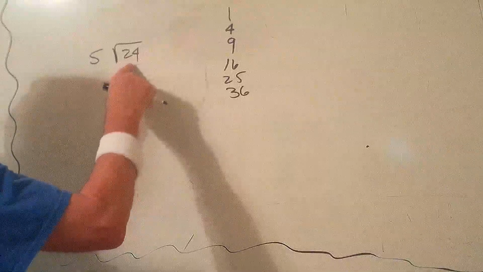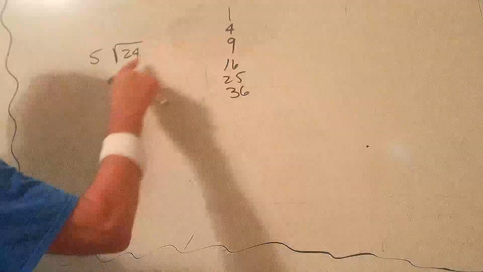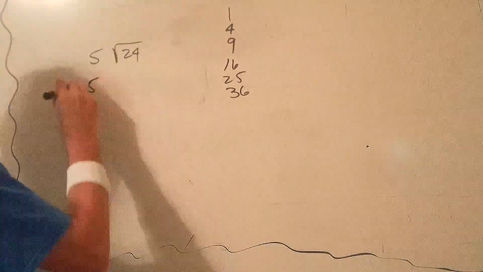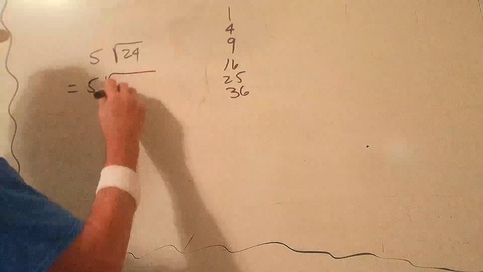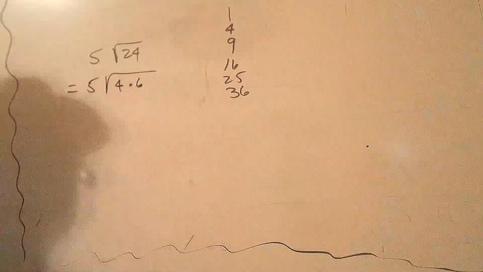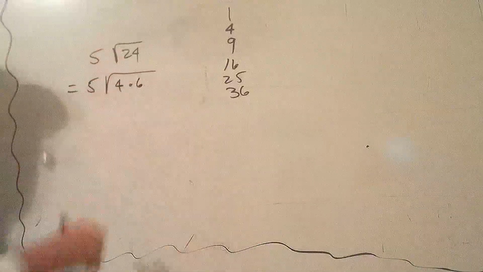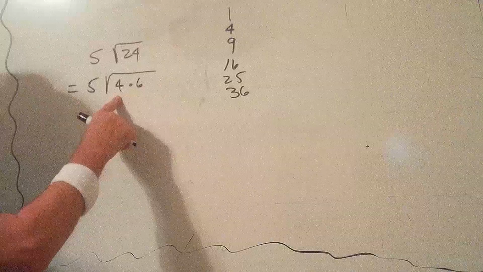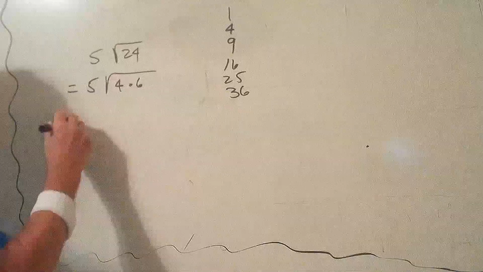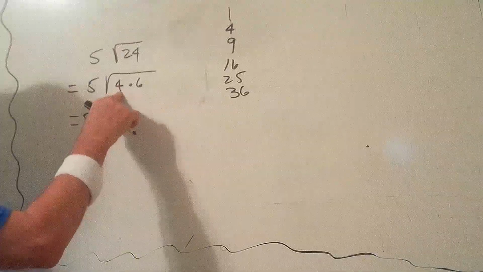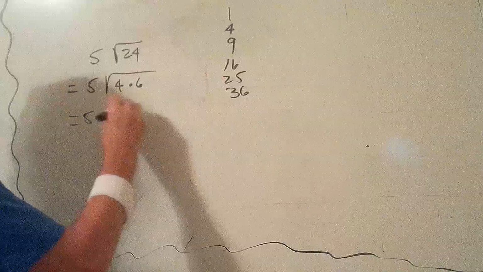Will 1 go into 24? Yeah, but that doesn't help us. Will 4 go into 24? Yes. So that equals 5 times the square root of 4 times 6. 4 times 6 is 24, so we're correct. Now, can we take the square root of 4? Yes. It's 2. So this equals 5 times 2, the square root of 4 is 2, times the square root of 6.